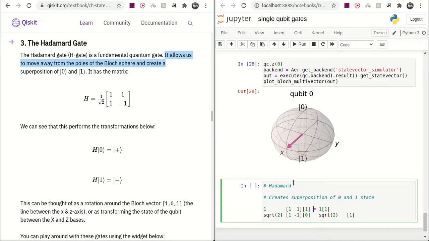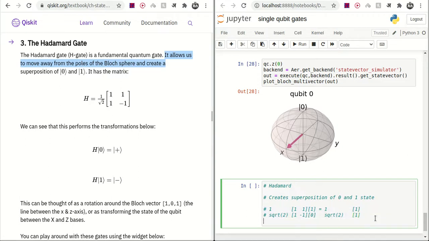So a superposition is formed. Similarly for 1, if we put it in, it gets minus 1.